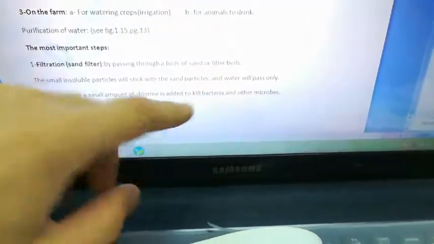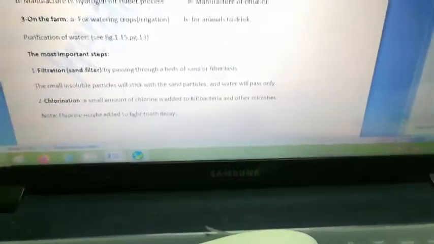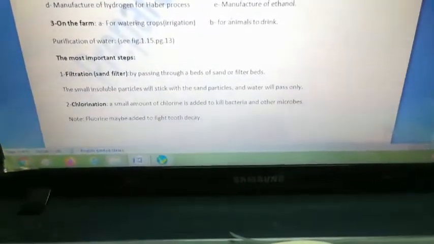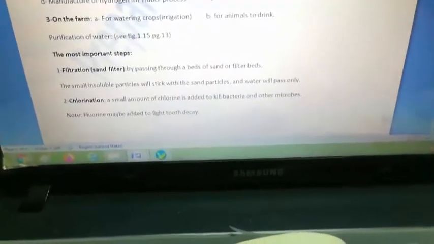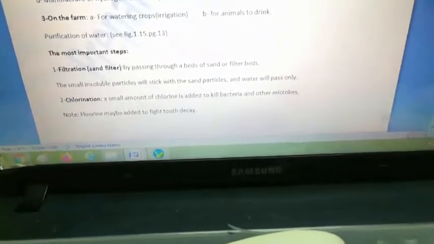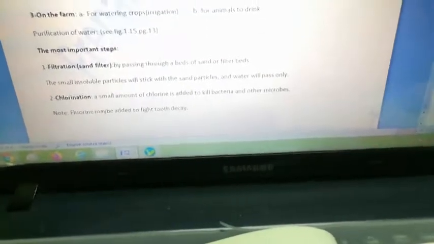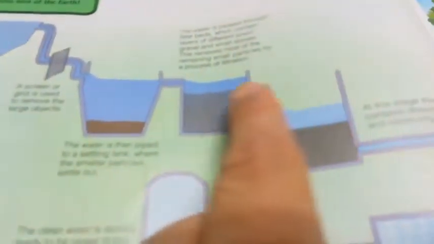So the water will pass only through the filter beds, leaving the other particles like mud or tiny stones or whatever. They are filtered and stuck with the filter beds. So this process is very important.